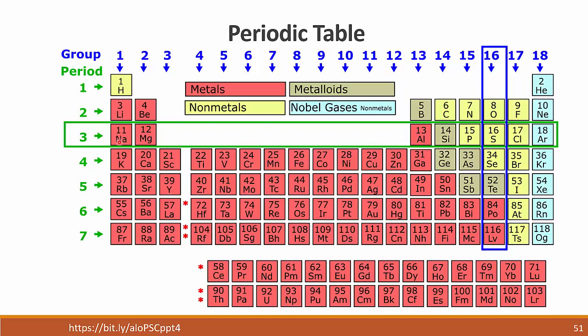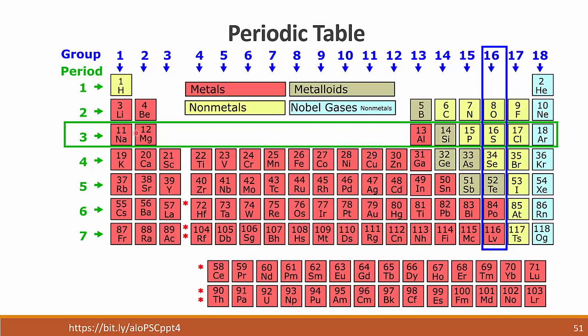So 1 valence electron, 2, 3 for group 13, 4 for group 14, 5, 6, 7, and 8. 8 except for helium, since the first period has only 1 shell, and that 1 shell has a capacity of 2 electrons only. So group 18, except for helium that has 2 electrons, the rest are going to have 8 in the outermost shell.